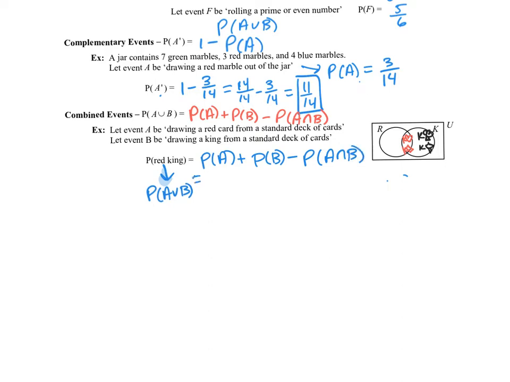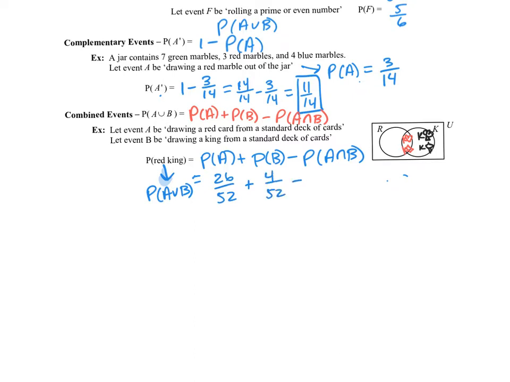What is the probability of A? A was drawing a red card. There are 52 cards in the deck, and half of the deck is red, so the probability is 26 out of 52. The probability of B, a king, is 4 over 52.